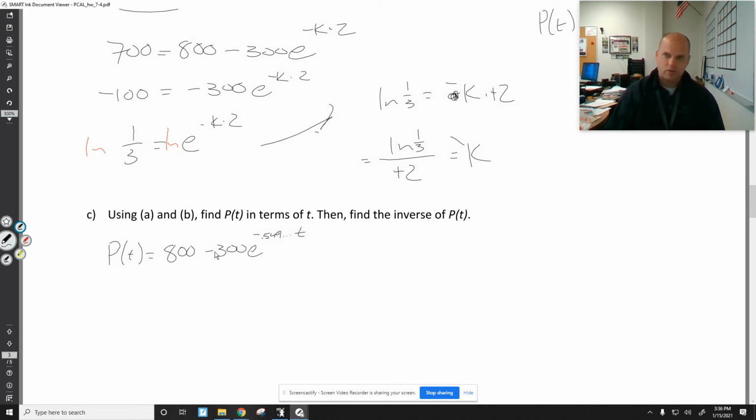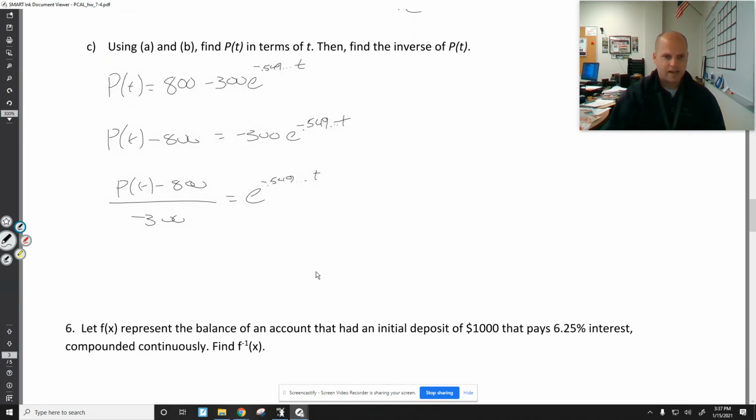I would subtract 800, divide by negative 300, take the natural log of both sides, then divide by negative 0.549. Let's just go one step at a time. I subtract 800. I divide by negative 300. I take the natural log of both sides.